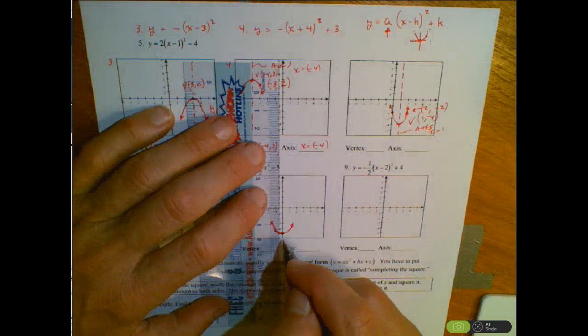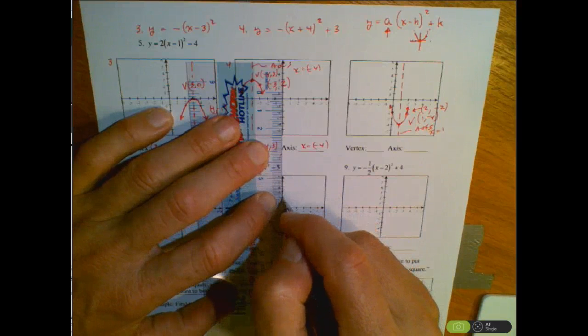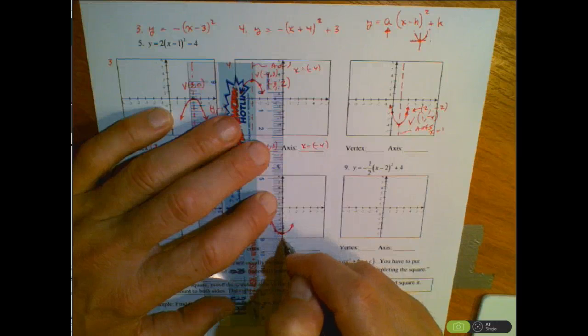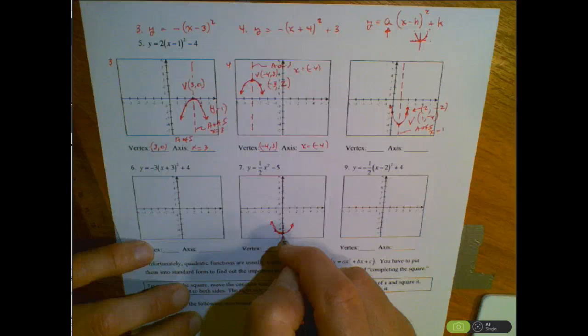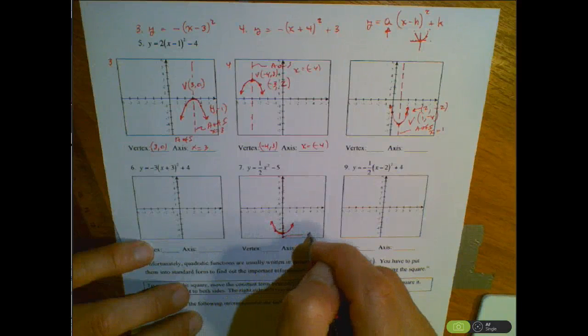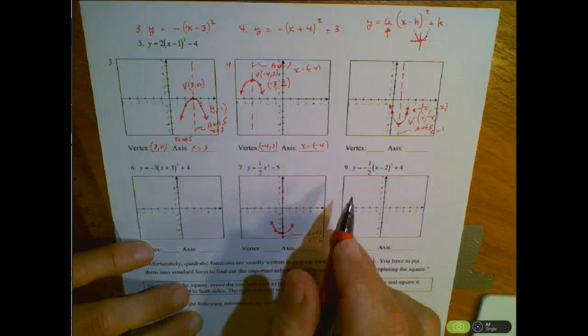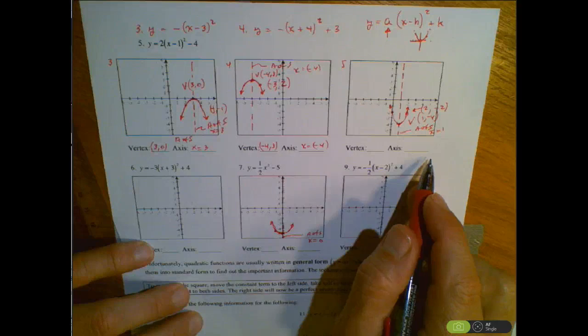Now, let's go ahead and label the points. First of all, right on our y-axis, we're going to show our dashed line. I usually like to put the dash just a little bit to the side so you can see it. But I'm now going to go ahead and put axis of symmetry, x is equal to 0. Oh, I just noticed on problem number 5 here, I forgot to fill out my answer line.